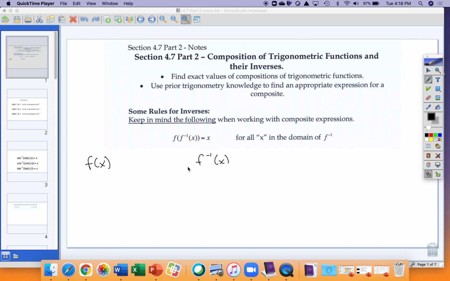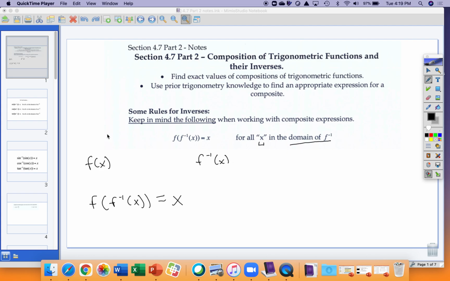If I take the inverse function and put it inside of the original function, so that would be f of f inverse of x, then I will get x after I simplify this composition of functions. This is true as long as x is in the domain of f inverse.